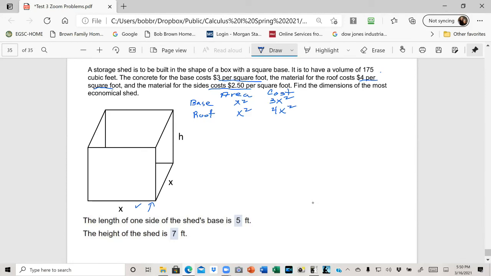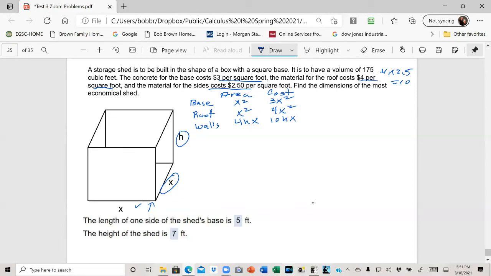And then the walls. The area of one side of the wall is x times h, which is hx, and there are 4 walls, so there'll be 4hx would be the area, and they cost $2.50 per square foot, so 4 times 2.5 will be 10, so 10hx is the cost of the wall.